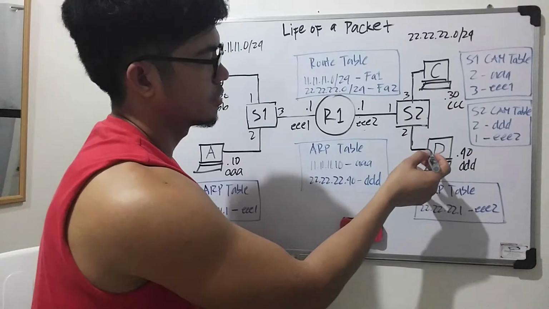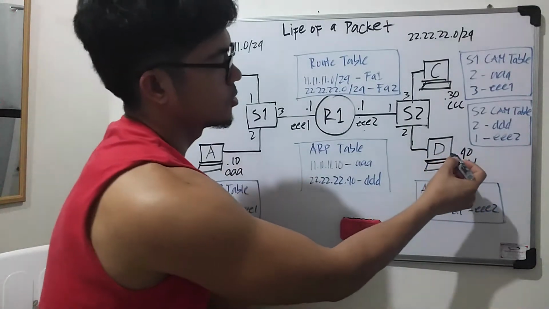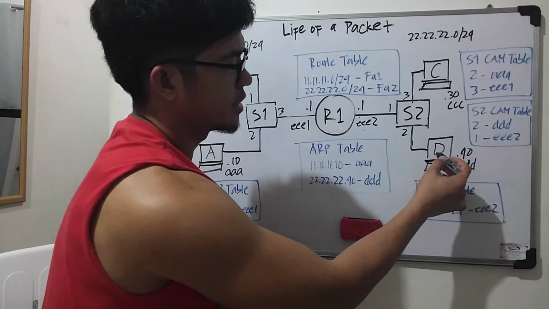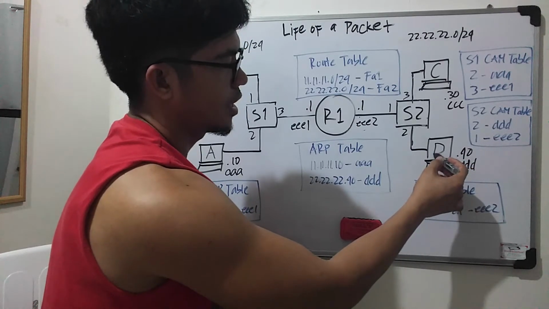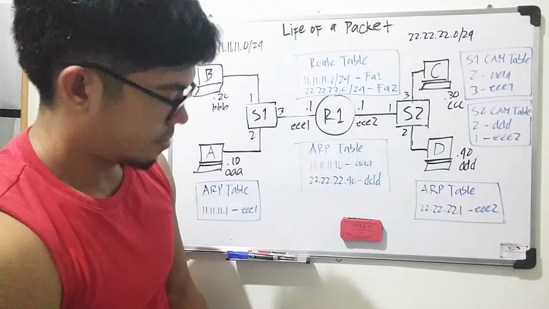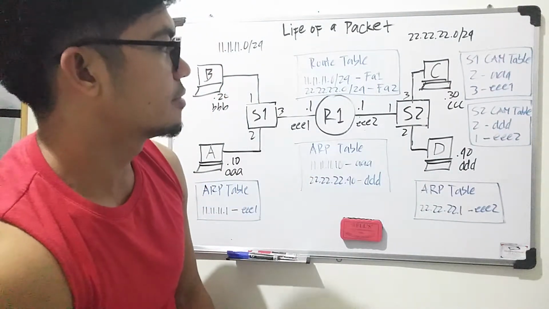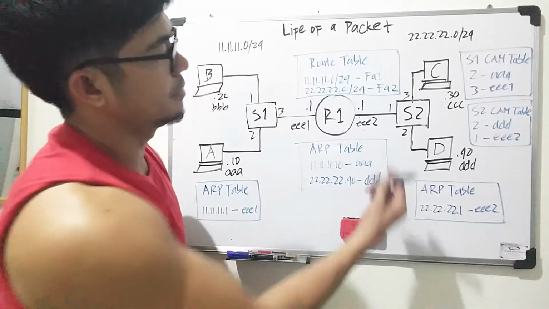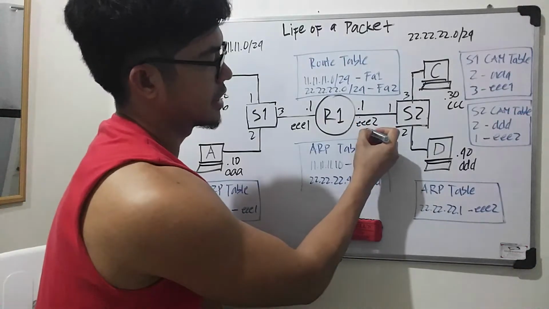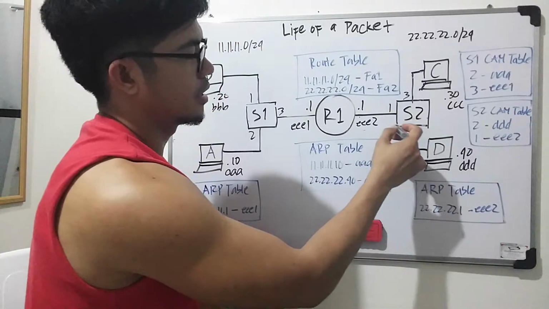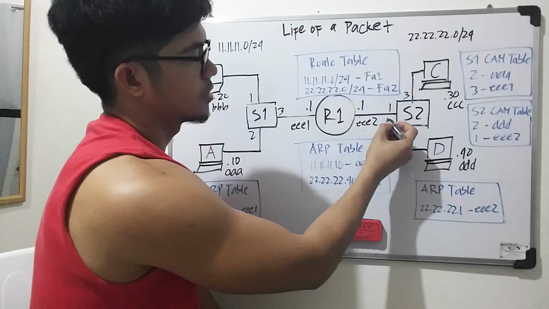So basically, host D created it, it will have layer 3 and layer 2 header, and in the layer 2 header, like I said earlier, it's going to have this MAC address as the destination. So let's go back here again.